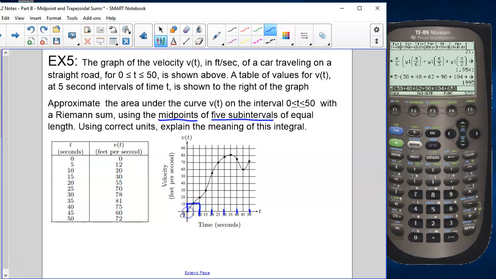It would look like this on the graph. Then for 15, that's halfway between 10 and 20, so you would use that y value. For 20 to 30, you would use this one, 30 to 40 would be this one, and the last one would be right here. So we're using f of 5, f of 15, f of 25, f of 35, and f of 45.